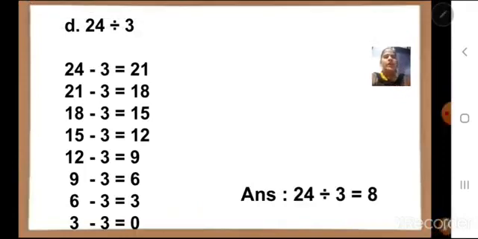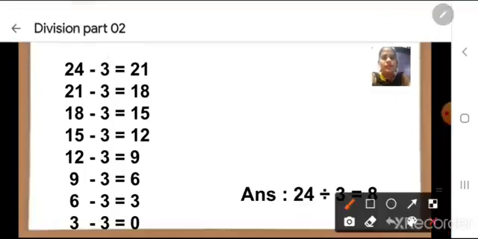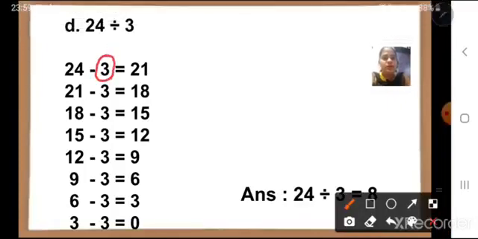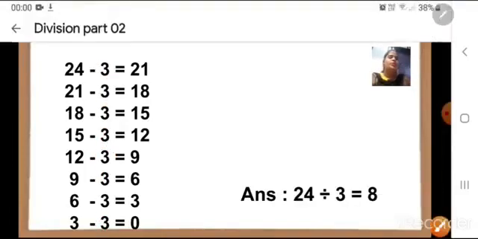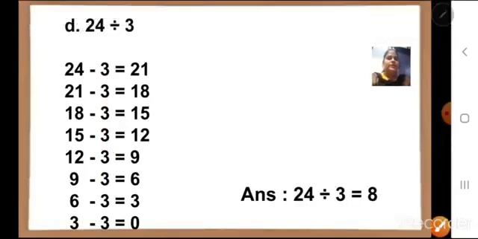Now we have to check how many times 3 is repeated. So you can circle it here, children. 1, 2, 3, 4, 5, 6, 7, 8. So 8 times it is repeated. So 24 divided by 3 is equal to 8. Write the answer properly, neatly, one below the other.